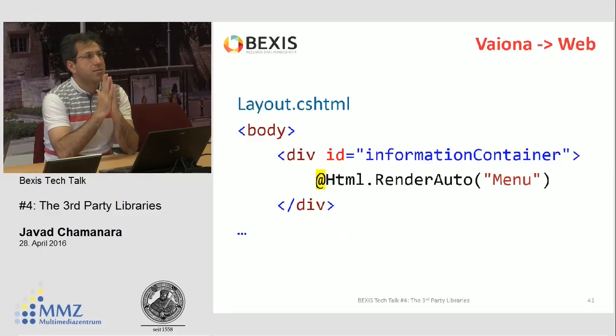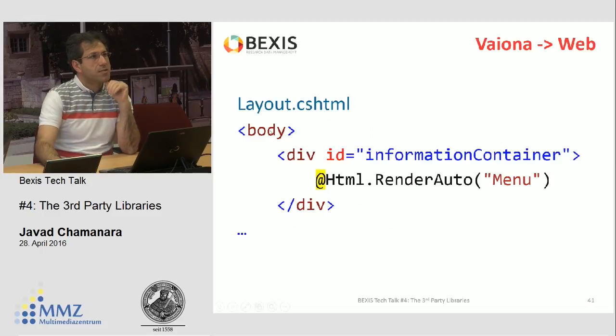So let's see this example. Inside the layout, somewhere in the body, maybe for example on the left side or on the right top corner or wherever, we have this div container, and inside the div container, we are calling this render automatic menu. This menu is just a key.